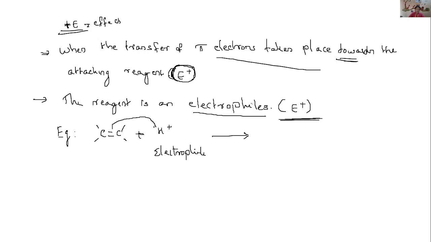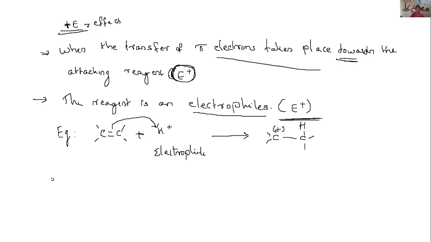As a result, this carbon becomes positive, and hydrogen attacks here. So this is plus E effect. That means pi electron transfer occurs towards the reagent. Here the reagent is H plus.